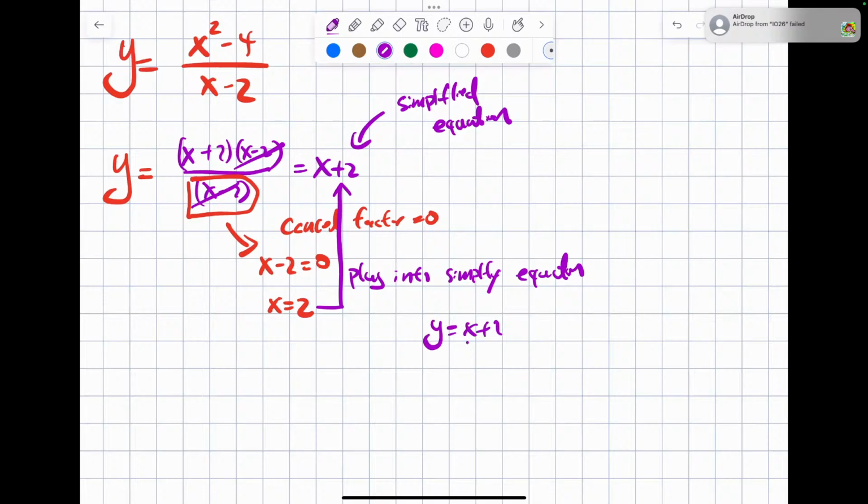If you plug in 2, 2 plus 2 is equal to 4. So it'll be (2, 4). And this is known as the hole.